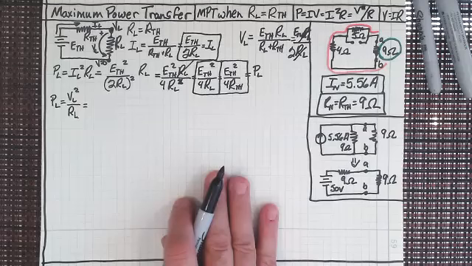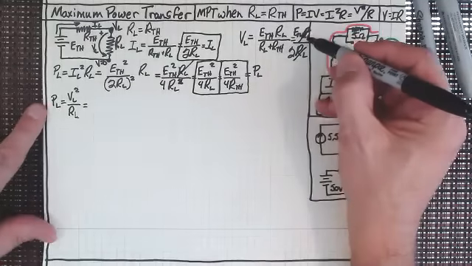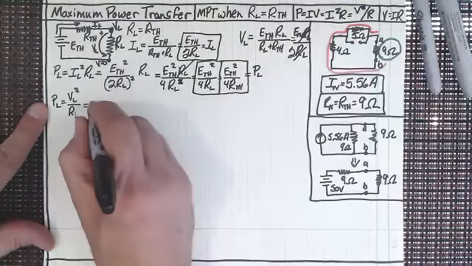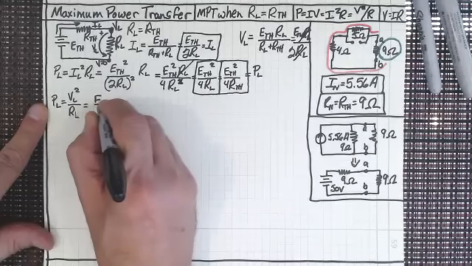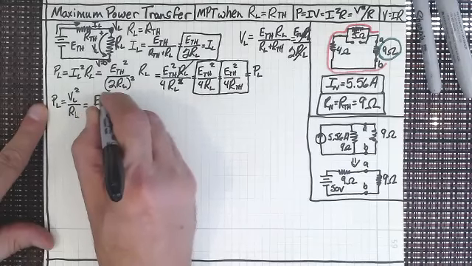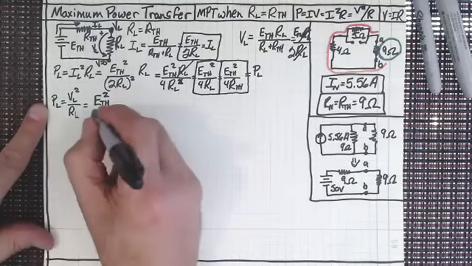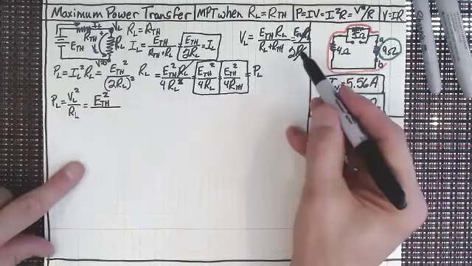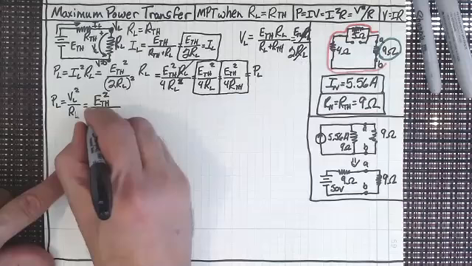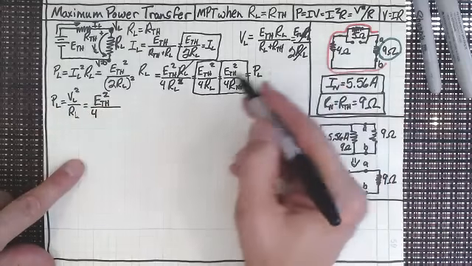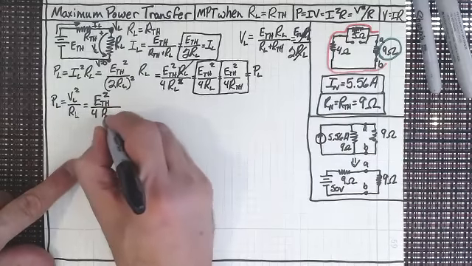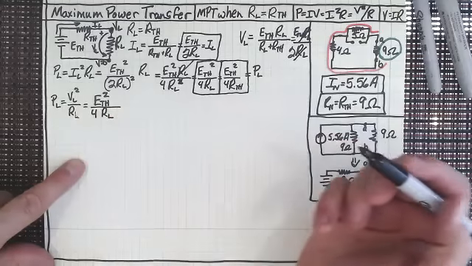Let's just stick that in here now. So I've got E sub TH squared divided by 2 squared, so that's 4, times R sub L, right?